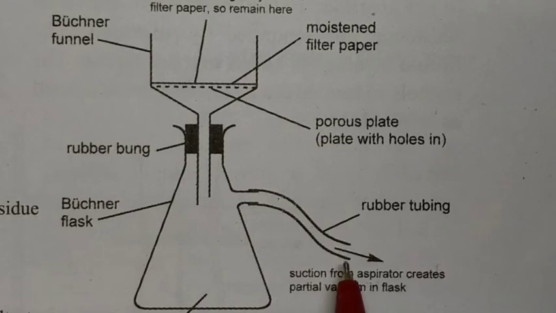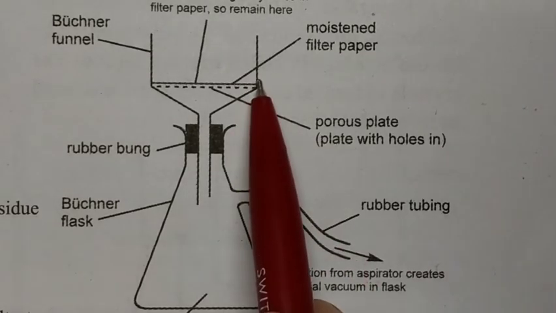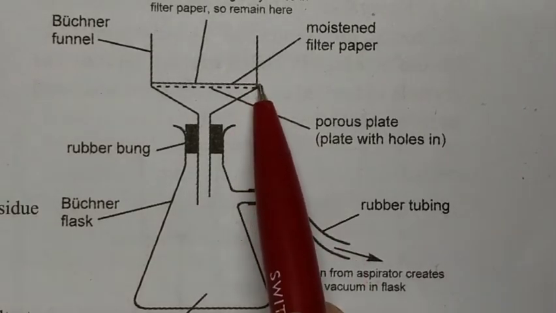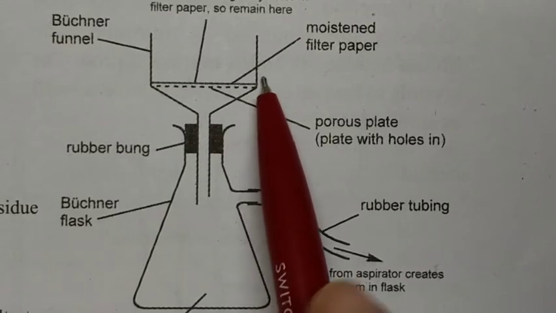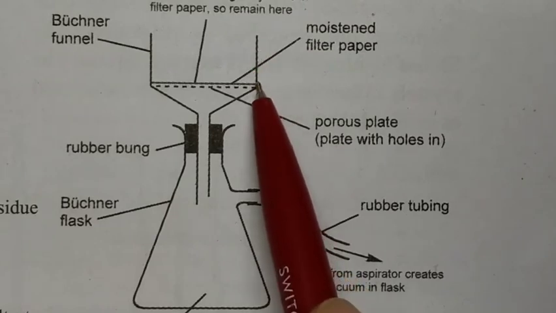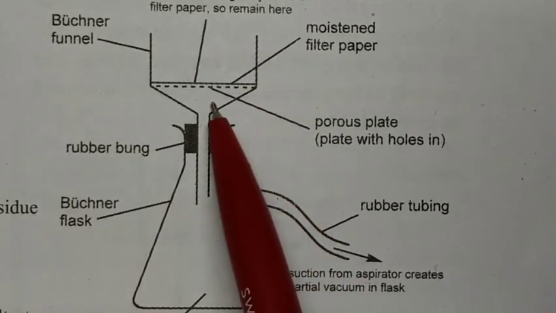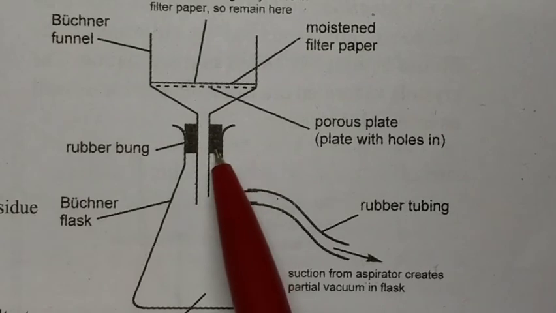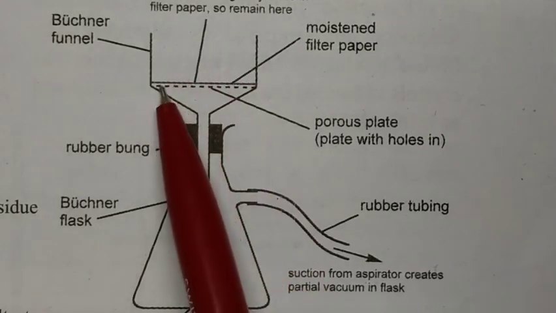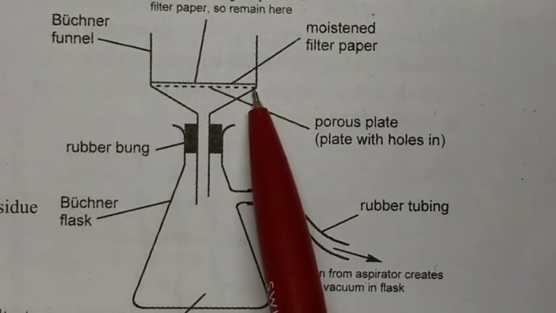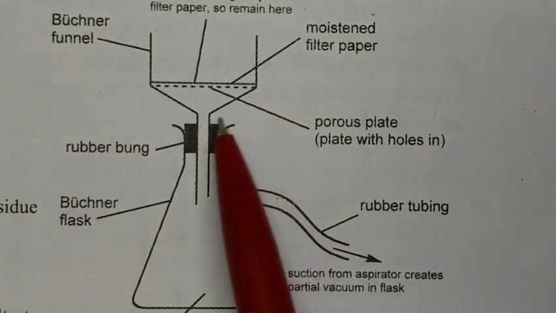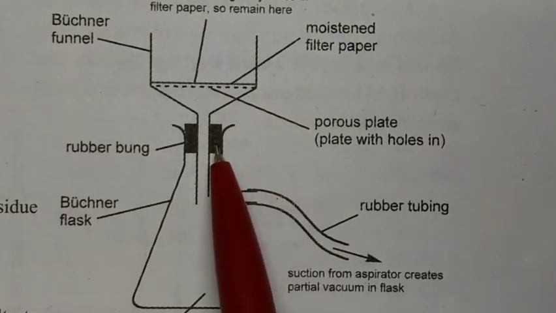A special porcelain funnel, called the Buchner funnel, made of porcelain, is fitted on the mouth of the conical flask with the help of a rubber cork.